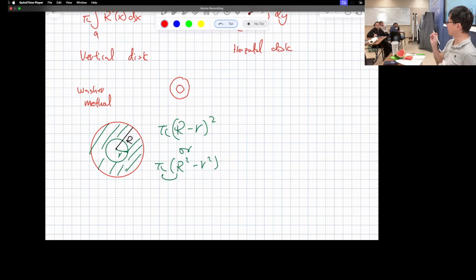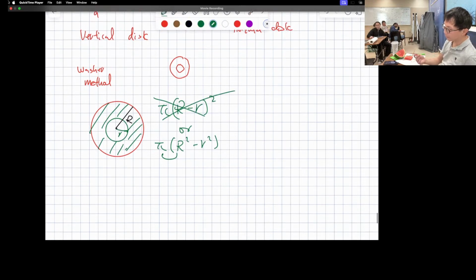Because you take the difference, right? You take bigger minus smaller, and it will actually be the inside. Gabby, does that make sense? So imagine one is 5, one is 3, right? If I do 5 minus 3, that's going to give you the difference. That's subtraction. And then you're going to form a ring based on that radius. Does that make sense? So that's why this one is not correct.